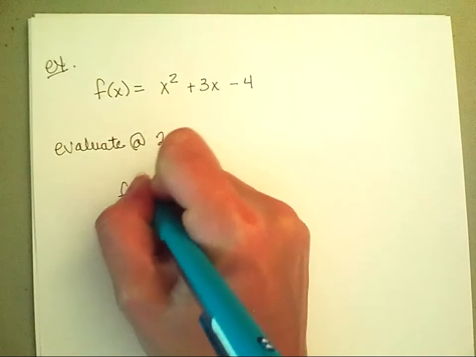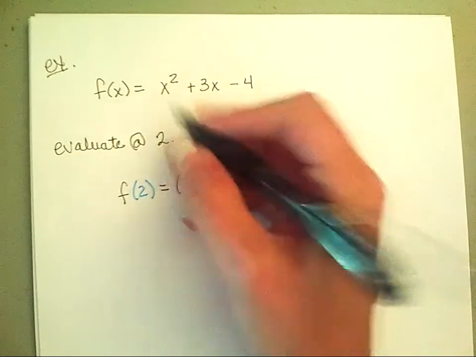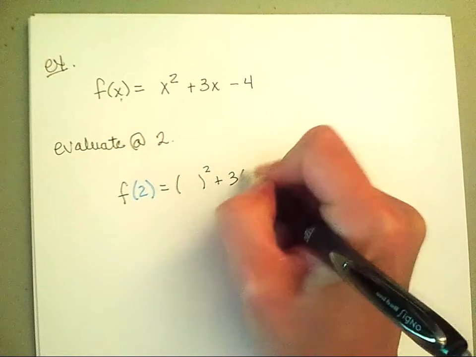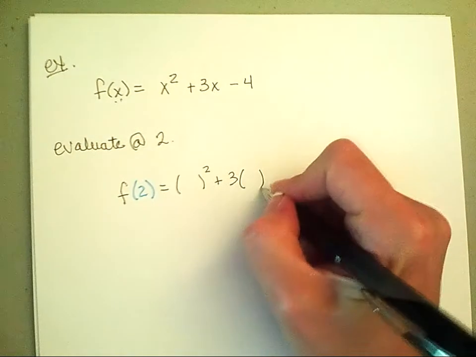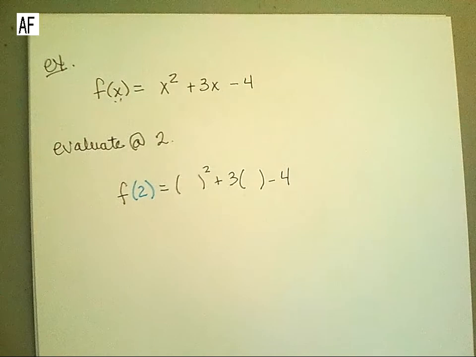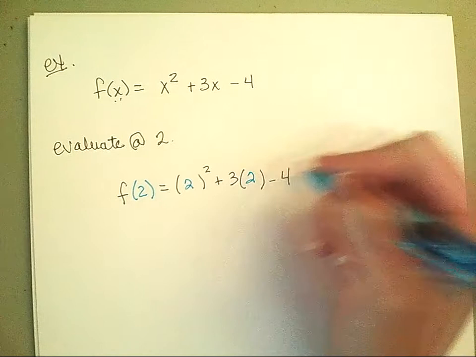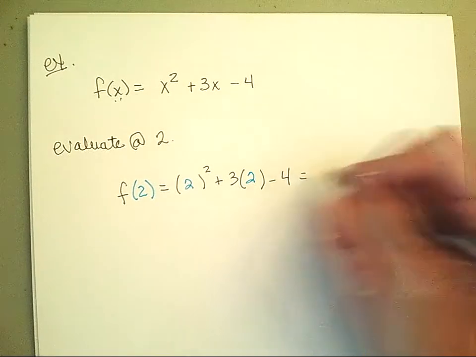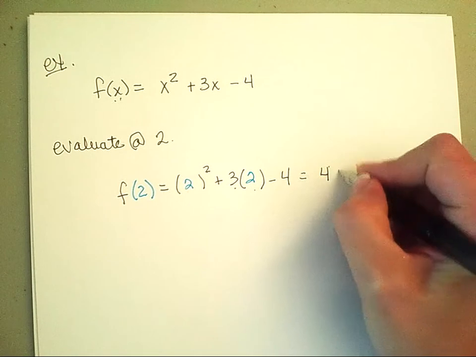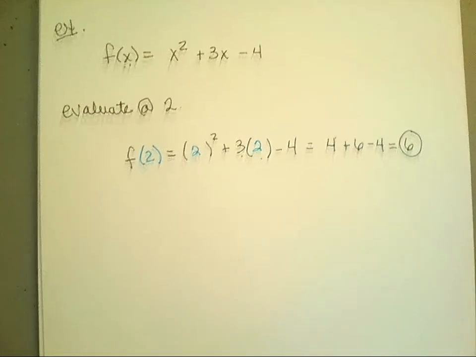Instead of evaluating the function at x, I want to evaluate it at 2. That's equal to, now our function says, whatever's inside of here, we're going to square it, plus 3 times whatever's inside of here, minus 4. And what we've decided to evaluate at is 2. Now we can just simplify this. 2 squared is 4. 3 times 2 is 6. 4 plus 6 minus 4 is equal to 6.